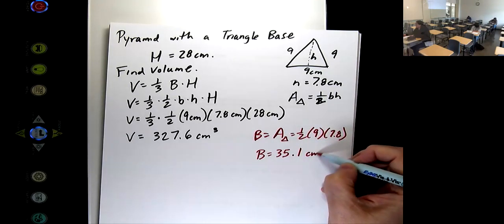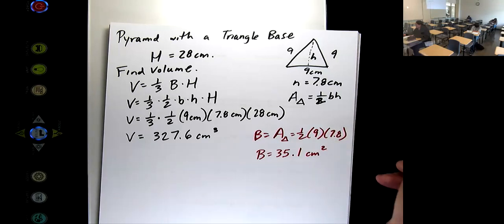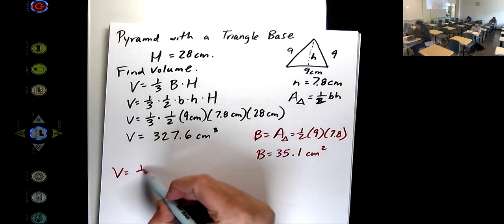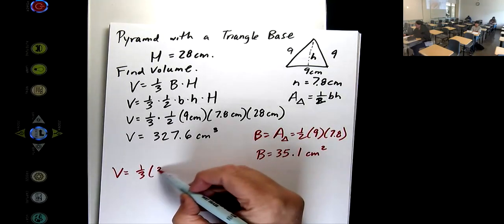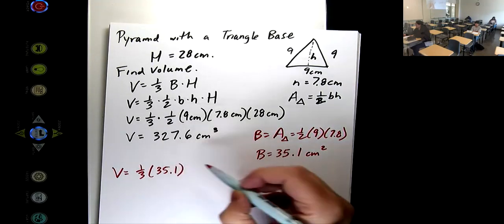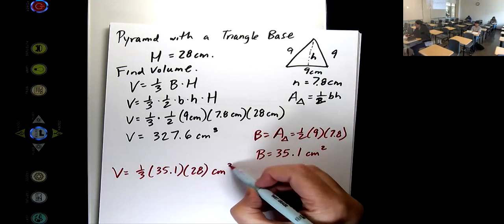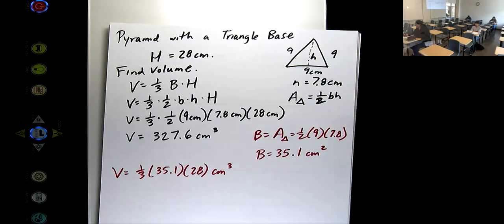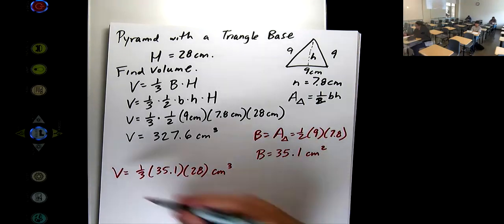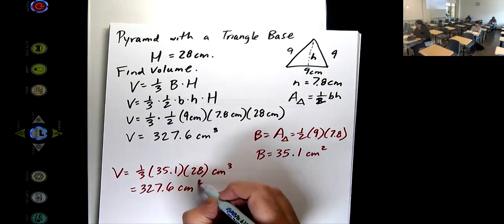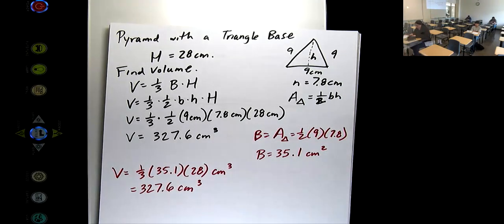This will be centimeters squared because it's an area. So my volume will be 1/3 times 35.1 times 28 centimeters cubed. Is that how you wanted it?